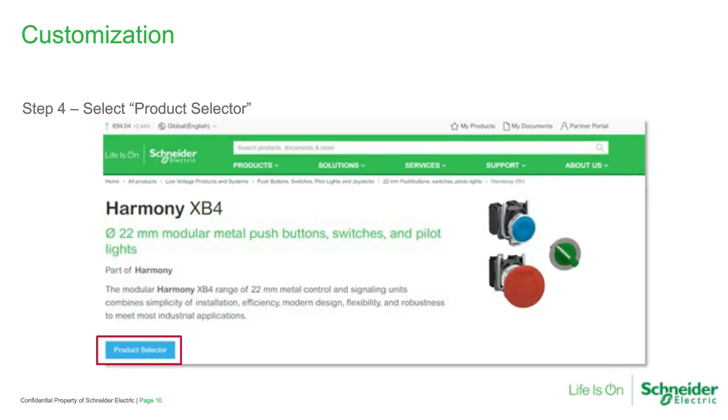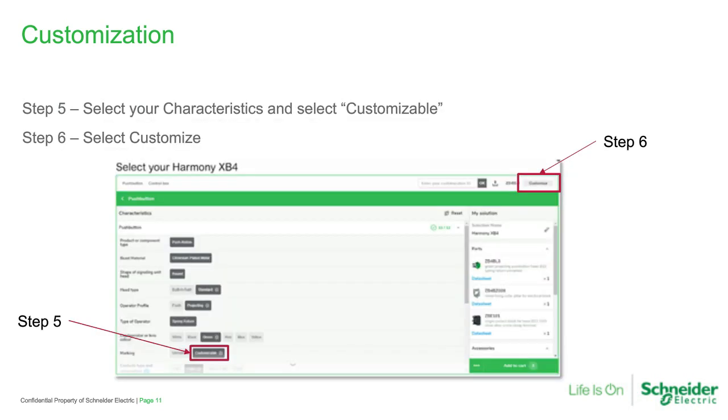Here you would go through the product selector, and you pick your component that you want to use and customize. In this case, we've gone through all the characteristics that we need. And here we said customize, and then when we do that, in the top right-hand corner, you will see in step 6 where it says customize.